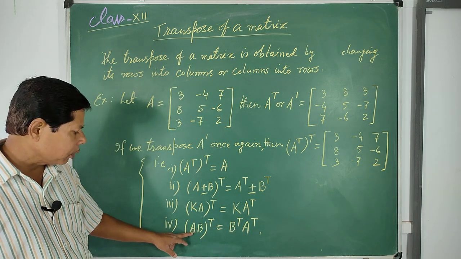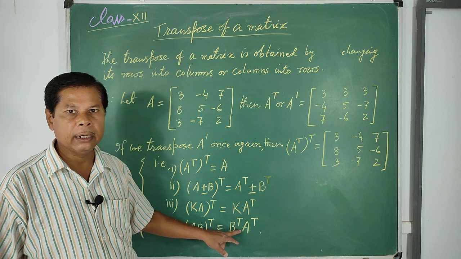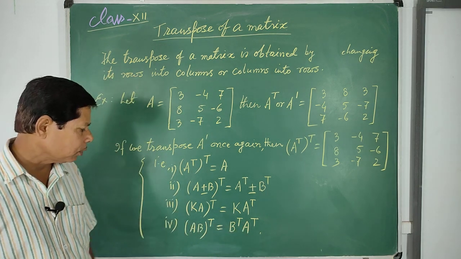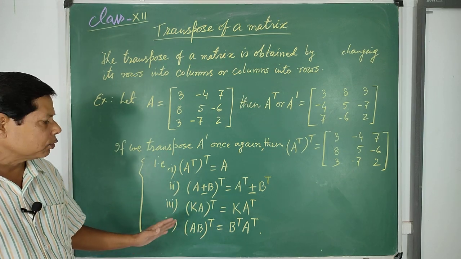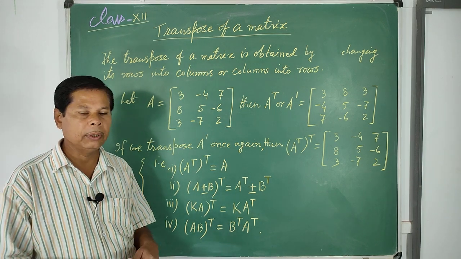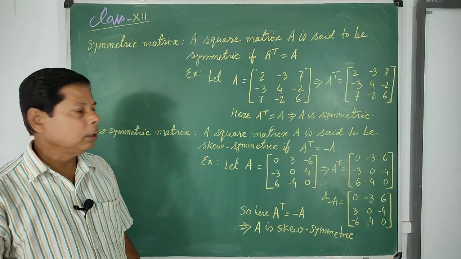That is, the transpose of the product of matrices is equal to the product of the transposes of the 2 matrices taken in reverse order. This is about the product. So, these are 4 properties based on the transpose of a matrix, which will be used in the course of solving the problems.